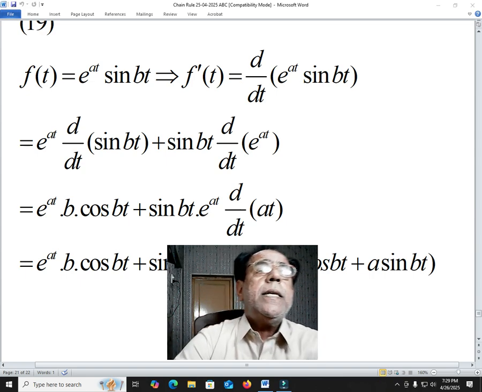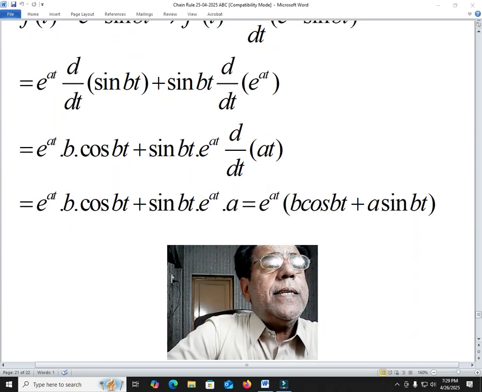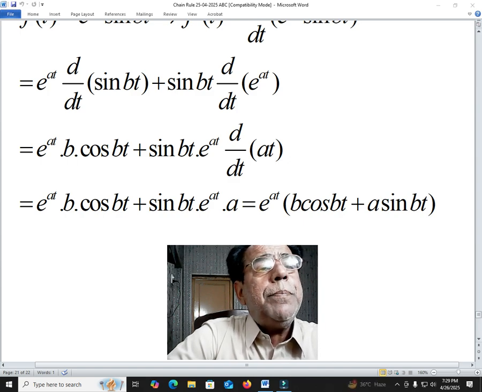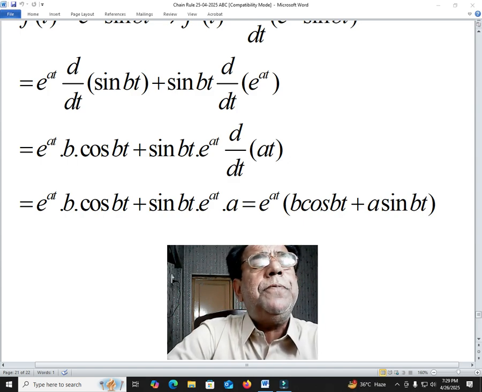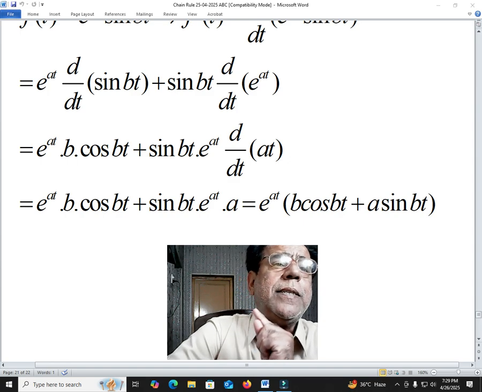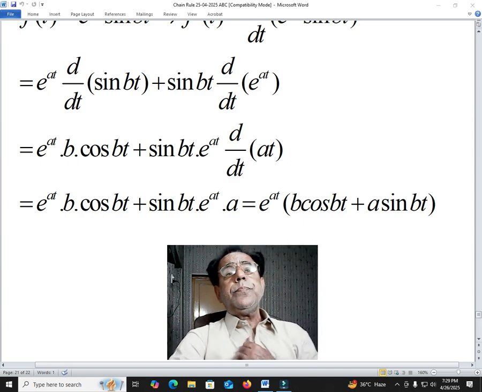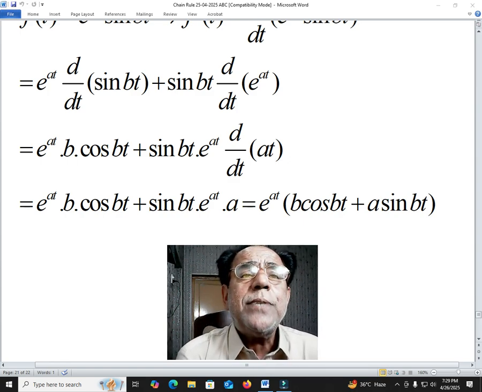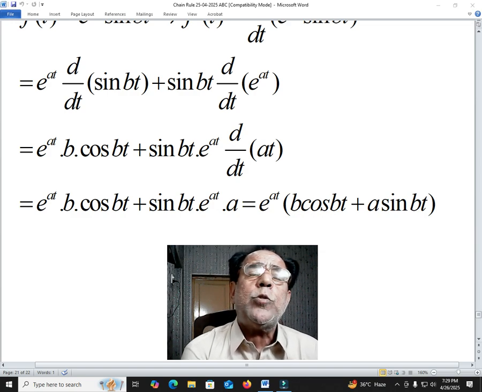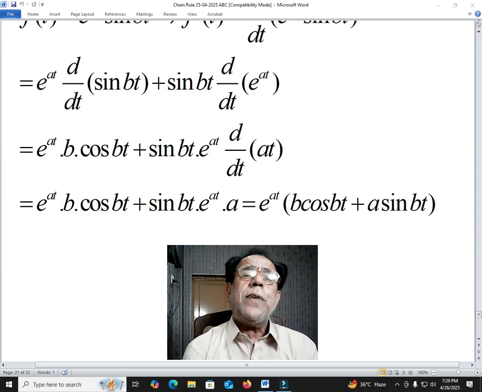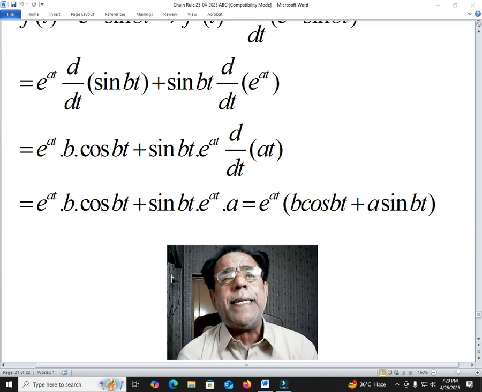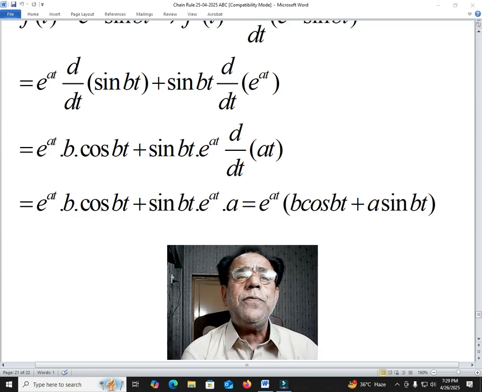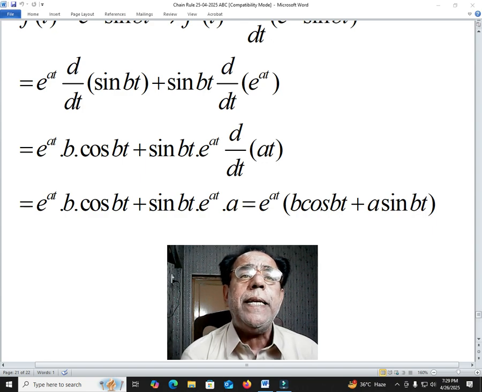Dear students, differentiation of sin(bt) will become cos(bt), and then differentiation of bt will give simply b, while differentiation of e raised to power at will be e raised to power at as it is, and then differentiation of at will give simply a.